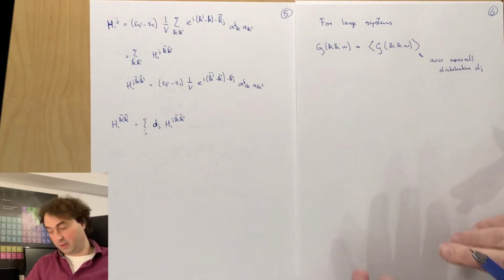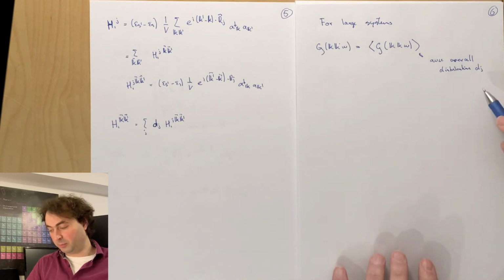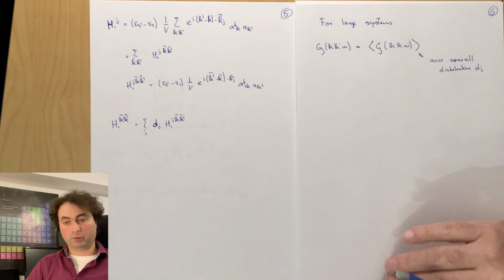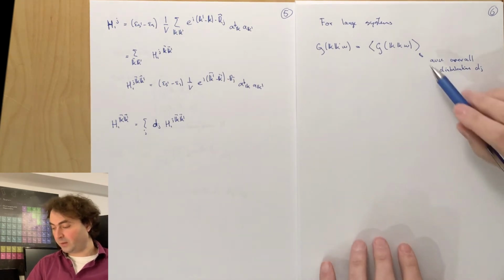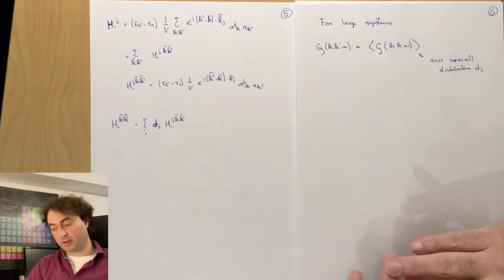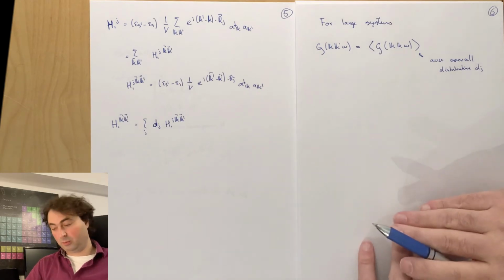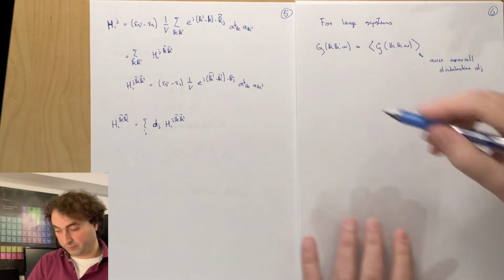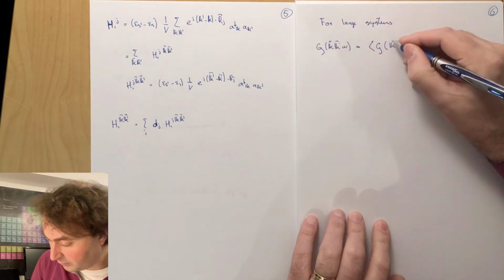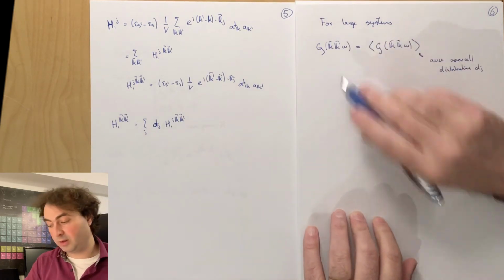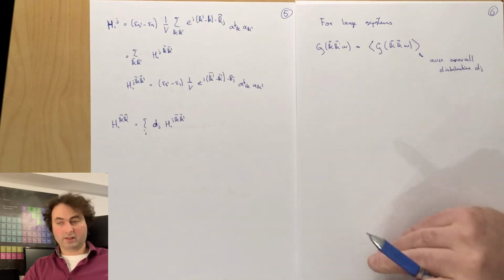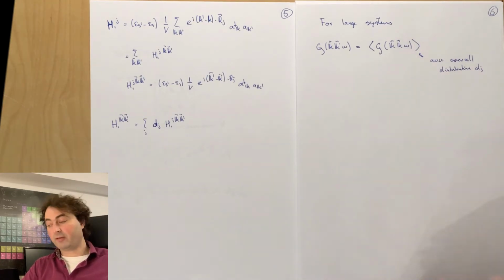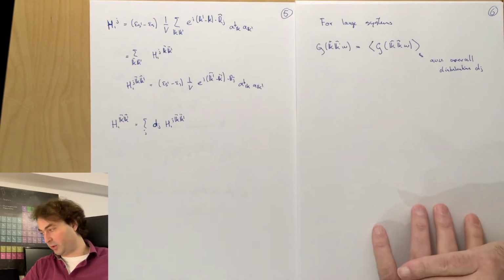But given this chance of having an impurity or not an impurity, you can generate all distributions that then have a certain probability of appearing. You then average over all possible distributions with the probability that you have them. And then your Green's function will actually be the same for a specific realization of your distribution as the average over all possible distributions.